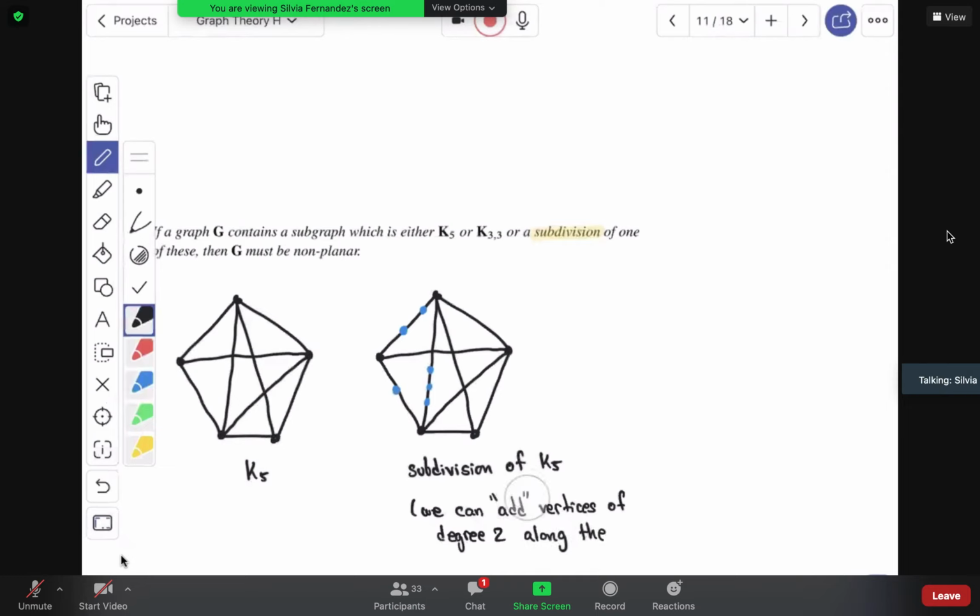So it's not like adding, right? We're dividing. Maybe I can say we can divide any edge by vertices of degree 2. So the edge becomes a path.